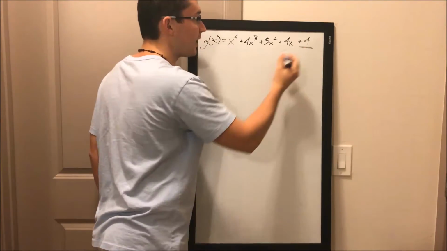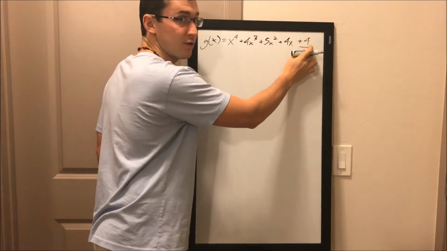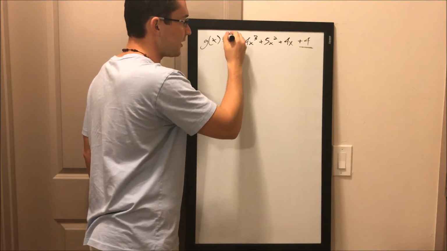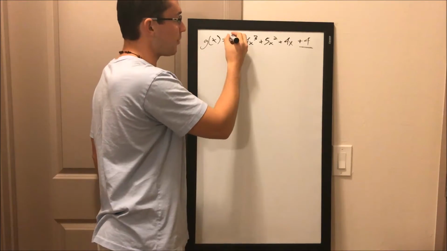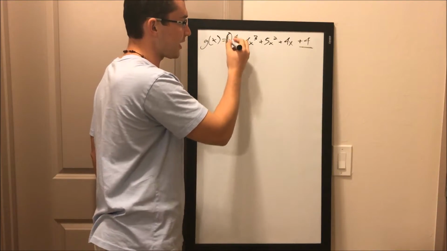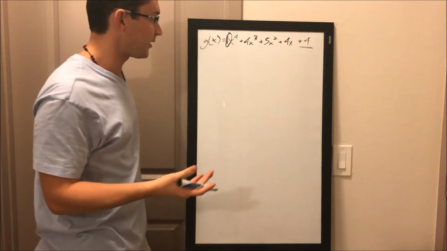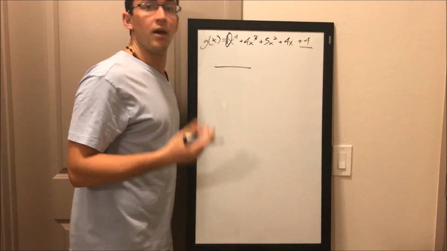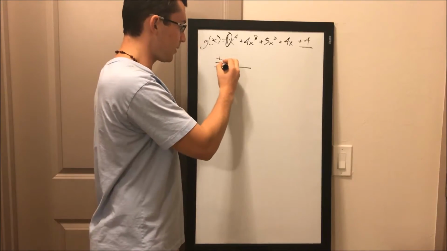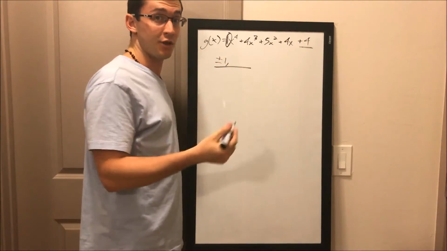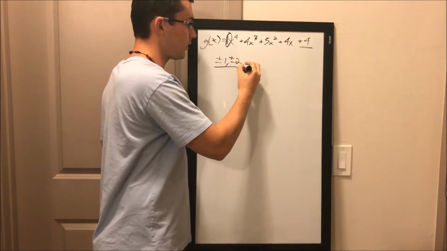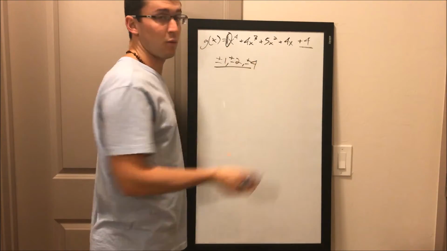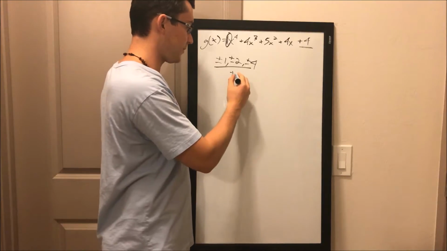with no x term, and put all the factors of the constant over the leading coefficient, which is the number in front of the first x, in this case 1, since there's nothing there. So we put all the factors of 4, positive and negative 1, positive and negative 2, positive and negative 4, over all the factors of 1, positive and negative 1.